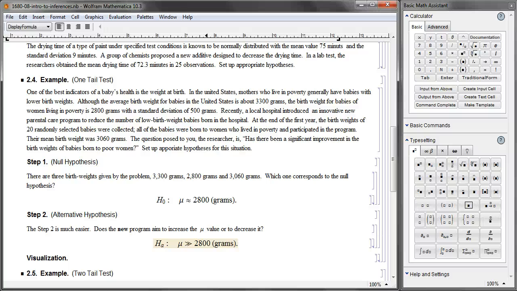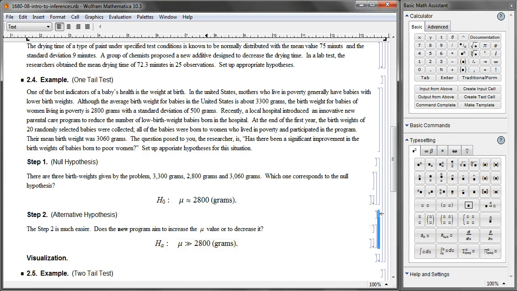Well, how do we know? Well, number one is whether there is an improvement, significant improvement. Number two, the sample study got 3,060, which is greater than 2,800. That's how we know. H0 is about the same as 2,800. It's the same figure as before, status quo. And the alternative hypothesis is, hey, there's an improvement bigger than that.